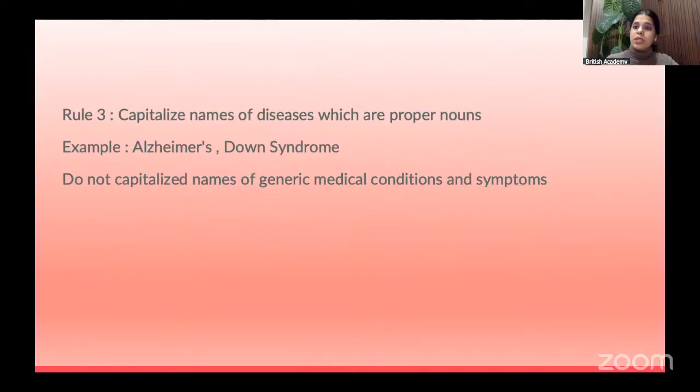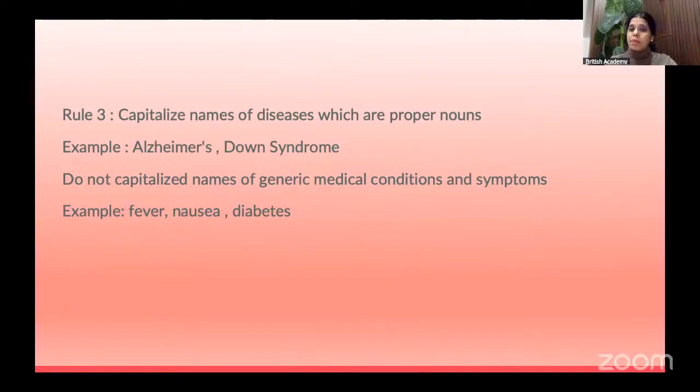But if the patient is diagnosed with a particular condition, Alzheimer's, Down syndrome, then that disease has to be a proper noun. Please be careful that you are identifying it is not a generic medical condition or a symptom. I'm only talking about the name of a particular disease. Next, fever, nausea, diabetes are all generic medical conditions and symptoms.